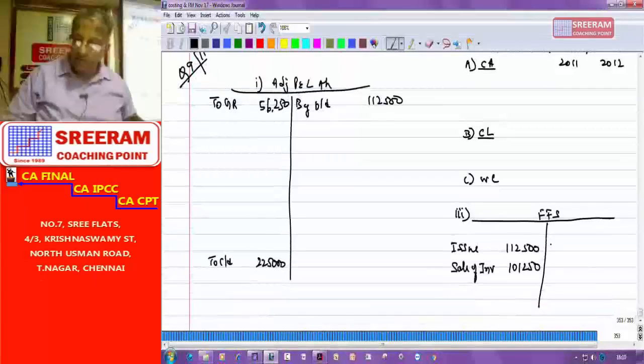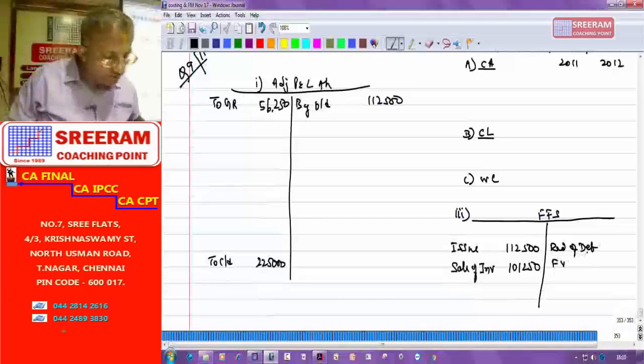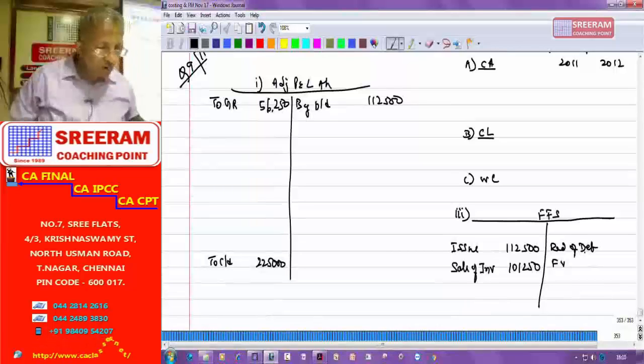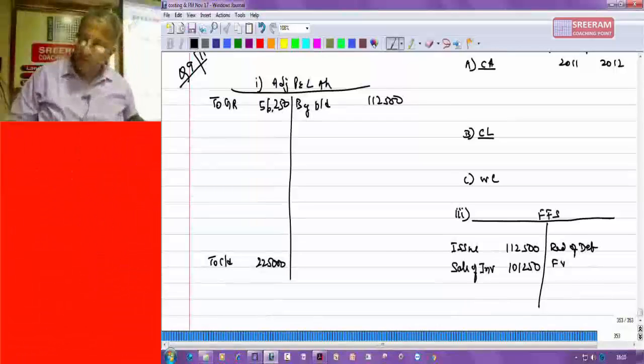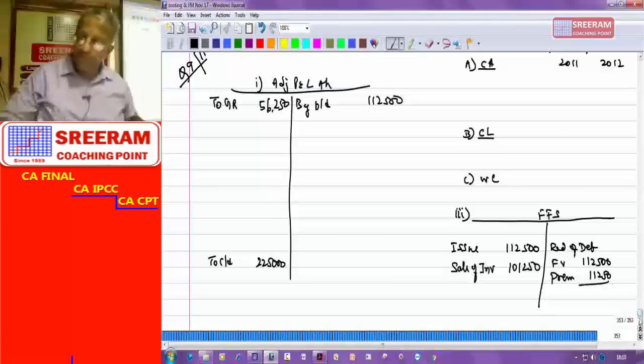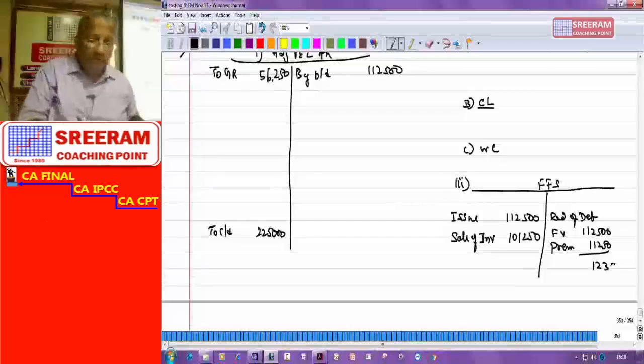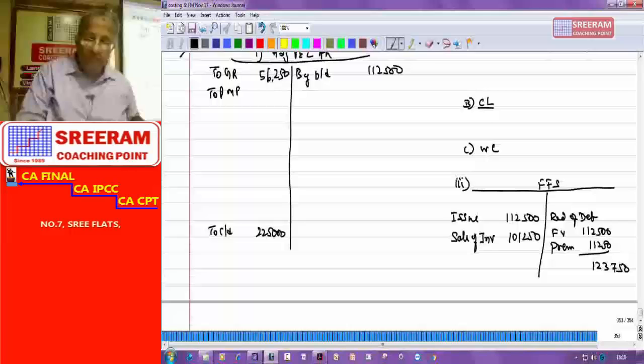Redemption of debentures, face value, how much is the face value? 1,12,500, premium 11,250, 1,23,750 to premium on redemption 11,250, correct?